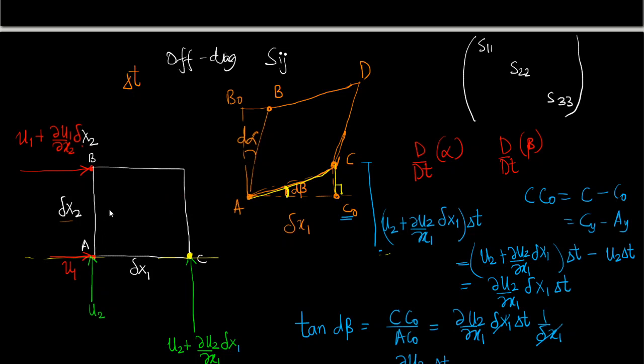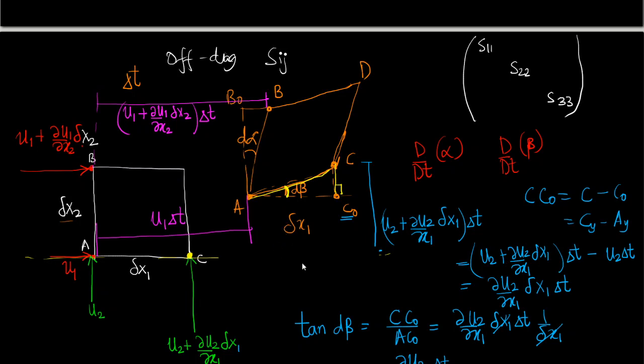At the end of Δt, point A would traverse a distance in the x direction equal to u1 Δt, and point B would traverse a distance equal to u1 plus ∂u1/∂x2 Δx2 times Δt.